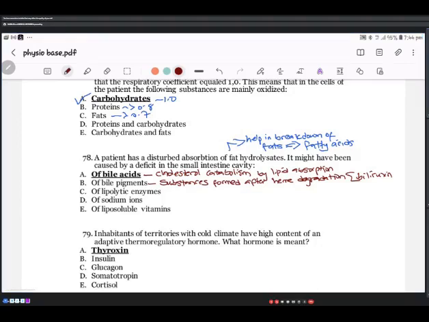So, what did you write here? Substances formed, then what? Sorry, what's the word after formed? After. Oh, okay.